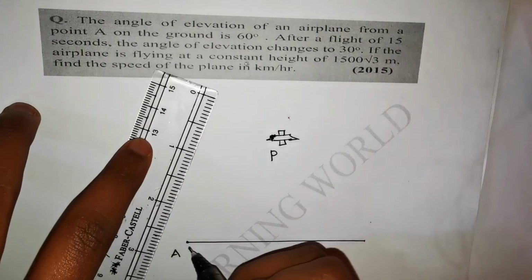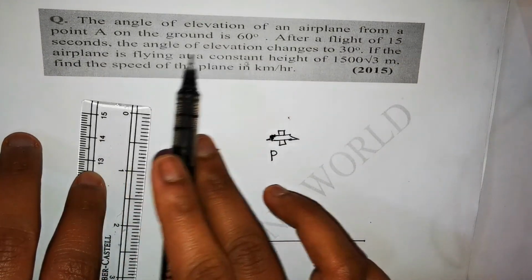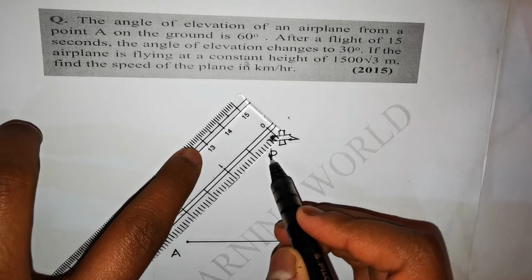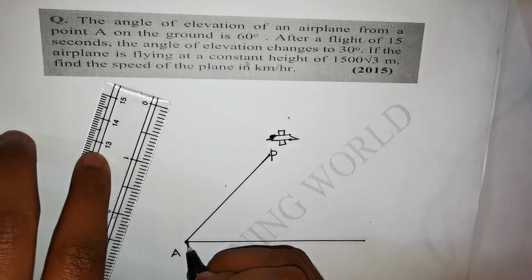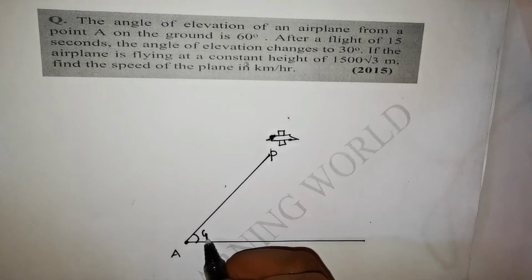From this point A, the angle of elevation of the airplane at point P is 60 degrees. So here the angle of elevation is given as 60 degree.